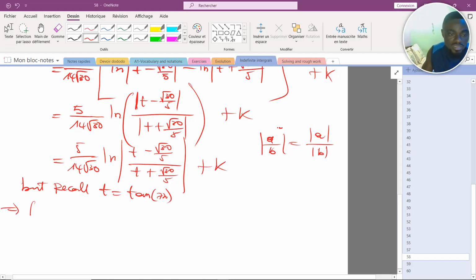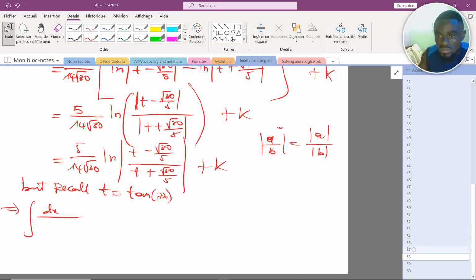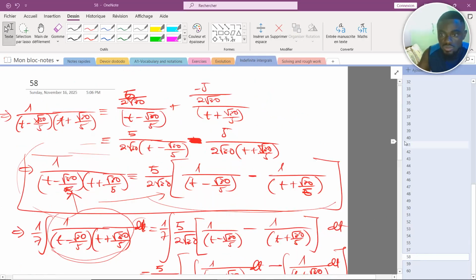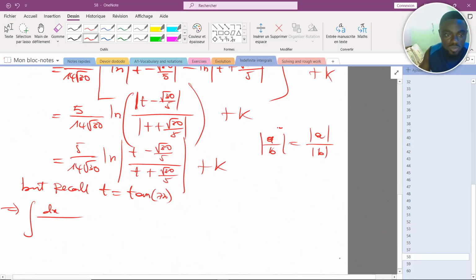So the integral of dx on 5 sine square 7x minus 6 cos square 7x will be equal to, where I see t here, I replace by tan 7x.